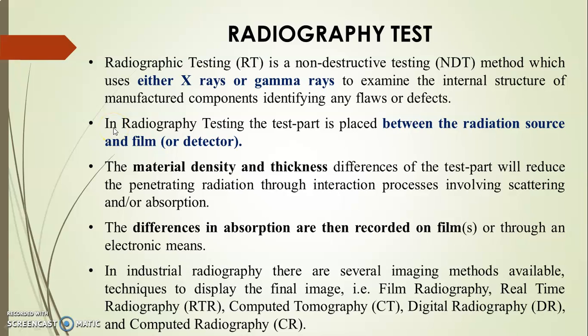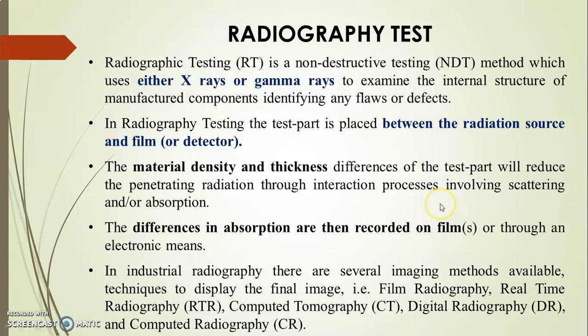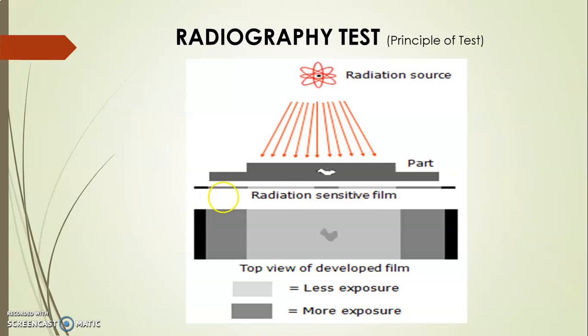In radiographic testing, the test part is placed between the radiation source and the film. This is the radiation source, this is the film, and in between them the specimen is placed. The material density and thickness differences of the test part will reduce the penetrating radiation through interaction processes involving scattering and absorption.